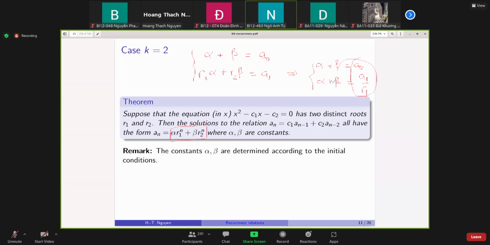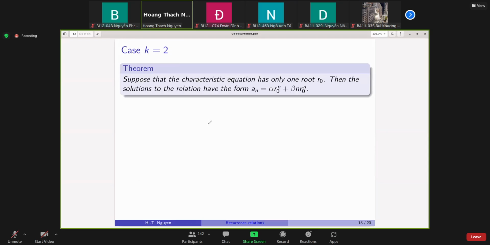But in fact, if you continue the approach that I presented, if you continue to write it as n minus 1 equal to R0 and n minus 1 minus a, n minus 2 and so on, if you do some calculation, then you arrive at something like this.